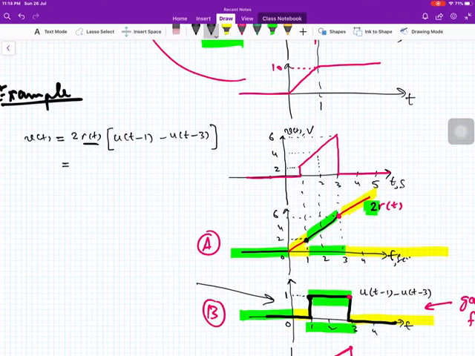This r(t) you can show as t, so 2t, multiplied by u(t-1) minus u(t-3).